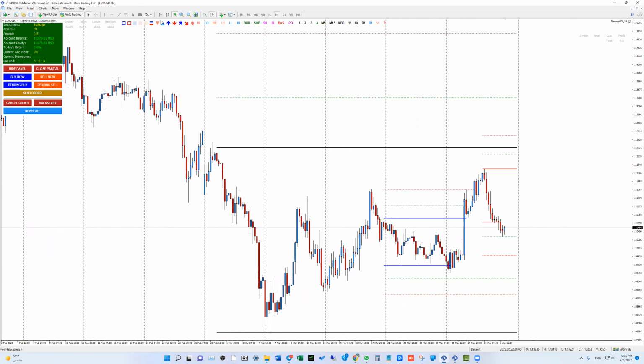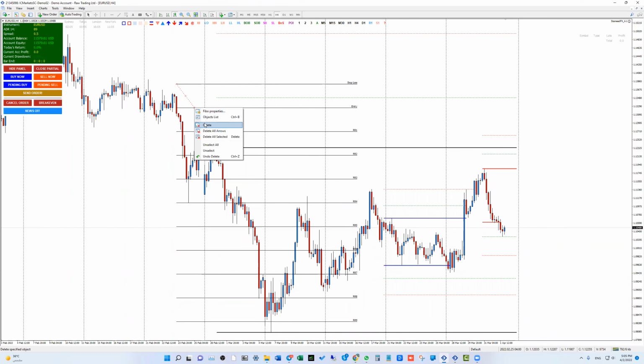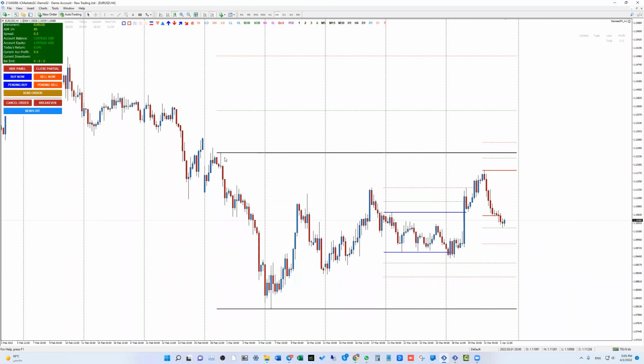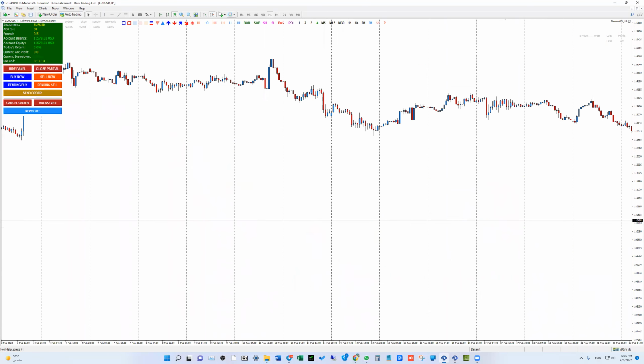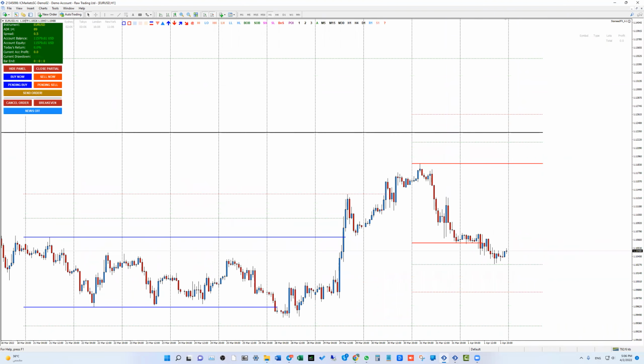Because if we draw Fibonacci just like that, right now I do not have a real Fibonacci because I used it for RR, it could be very subjective. So we will only use daily high low, weekly high low, or monthly high low. The idea is really very simple.